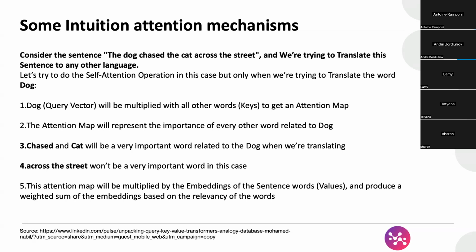So you have to look at each word and query each word against the different keys. The different keys are the other words in the sentence. So you take dog, how does it relate to itself? Dog, how does it relate to chased? And so on and so forth. And at the end, all this will produce an attention map.